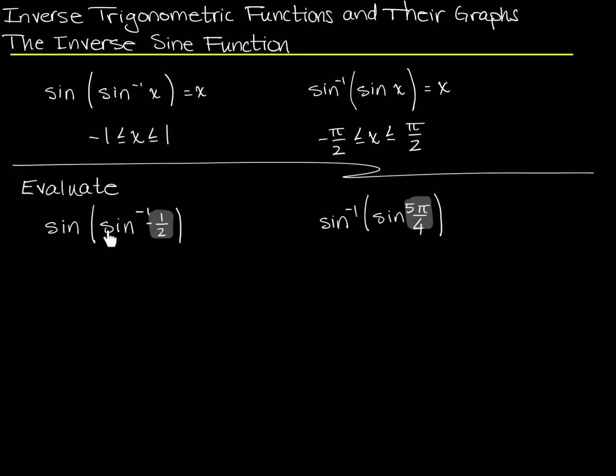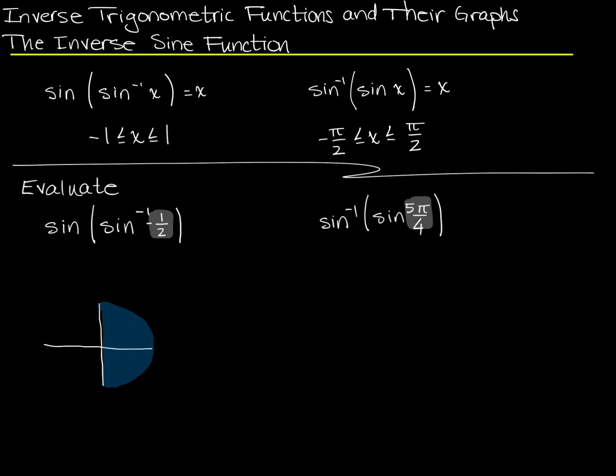So inside the parentheses here, I'm asking myself, what is the angle that has a sine of -1/2? I'm going to draw myself a little four quadrants. Because I'm dealing with sine and sine inverse, inside the parentheses here, I have to be cognizant of the fact that I'm only allowed to play in this playground, right?